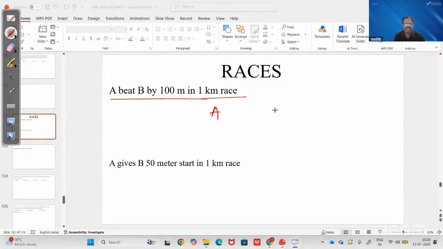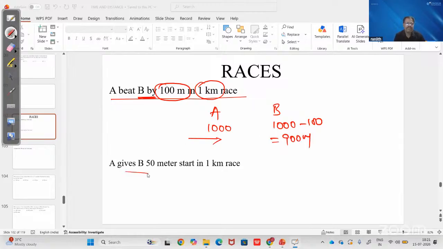So 1 kilometer is nothing but 1000 meters. A runs a total of 1000 meters and B runs 100 meters less than A. So that will be equal to 1000 minus 100, which is 900 meters.